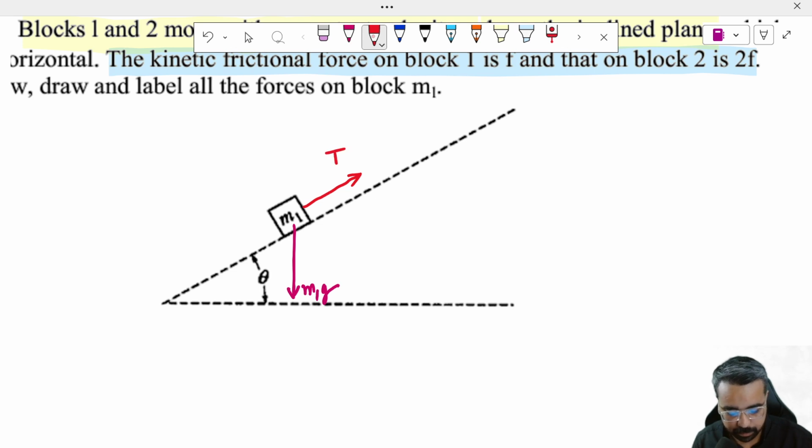Let's call it T. As it is moving down the incline, the frictional force that opposes its motion must be in this direction, and this frictional force is F. The fourth force exerted on M1 is applied by the surface of the incline, perpendicular to the surface. This is the normal force, let's say N1.